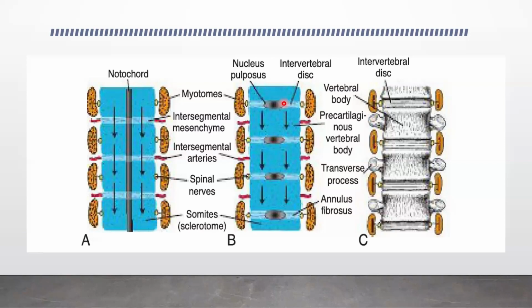So if you forget everything that I've just said, just remember that vertebrae are coming from cranial and caudal portions of various somites. And then intervertebral discs are coming from intersegmental mesenchyme in between these forming vertebrae and then the nucleus pulposus.